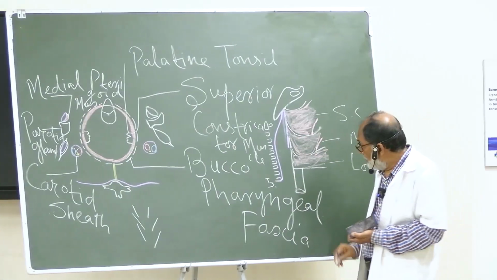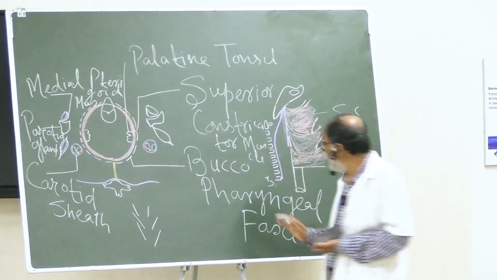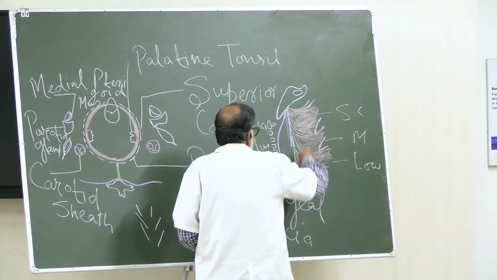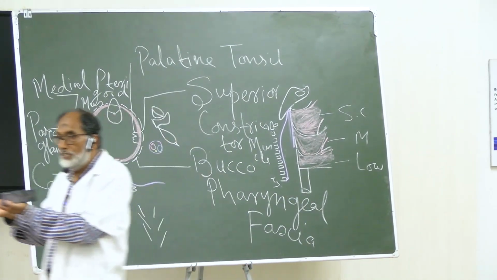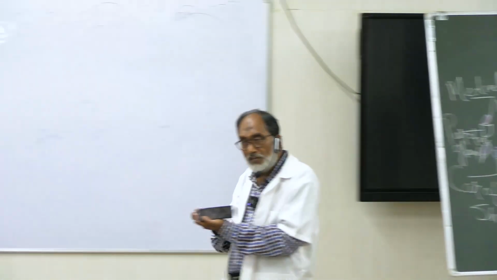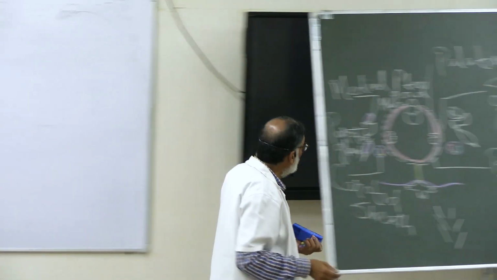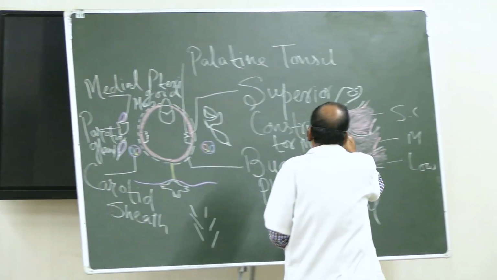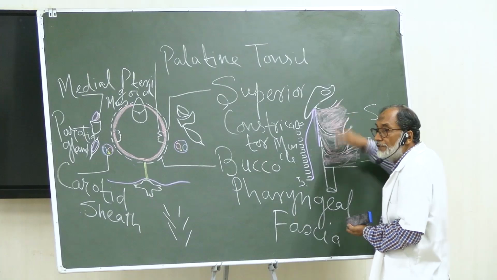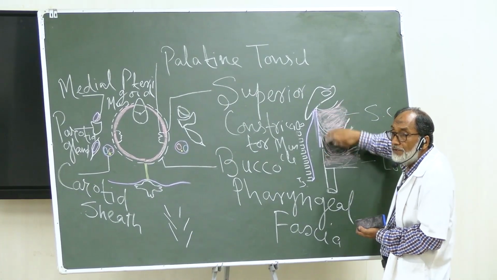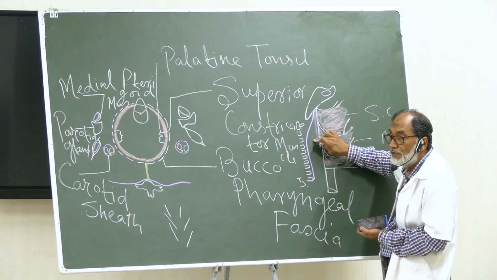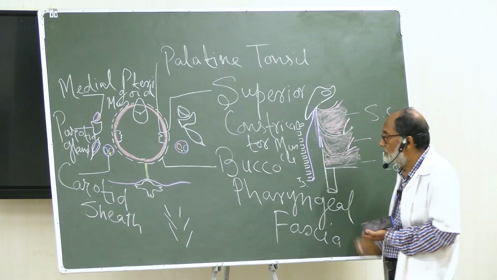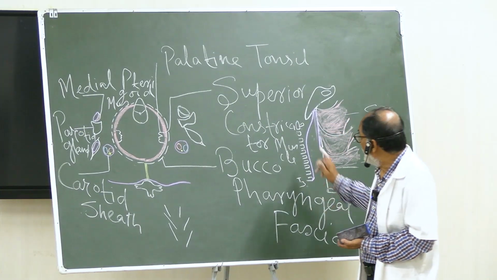This alar fascia blends with the buccopharyngeal fascia, by which the constrictor muscle is covered. Now this is the space, the retro.